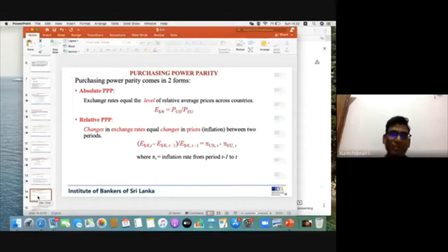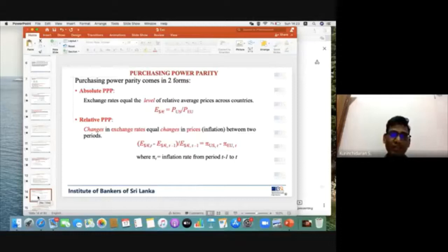Now, the relative average price between the price of the US and the price of the EU is equated by the exchange rate. That means the exchange rate of EU to USD is equal to the price of the US divided by the price of the EU. That's in terms of absolute purchasing power parity.